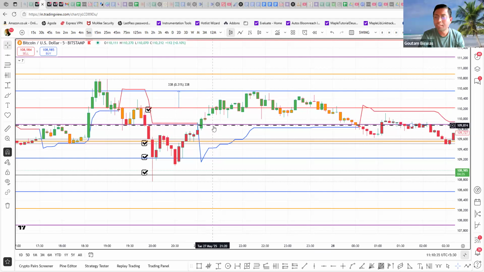See, ideally you should have entered here, and your target would have been this one. Are you following me? But you entered somewhere in the middle, so you shift whatever points you shifted. Let's say you entered here somewhere, right? That means your ideal entry was here, but you entered here.